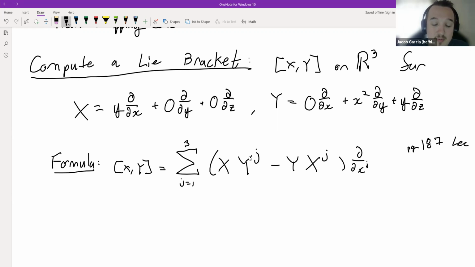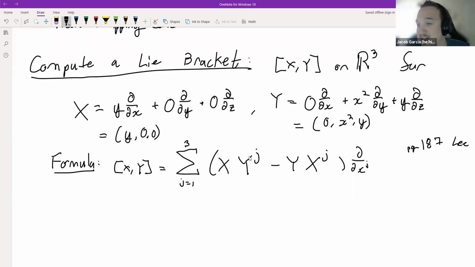And so one thing to remember is that I could have also written this as y, 0, 0, and I could have written this as 0, x squared, y equivalently, because tangent spaces have a basis, and these 3 differential operators are the 3 basis vectors for the basis of tangent vectors on R3. If you'd like me to talk more about that, I can, but not today.